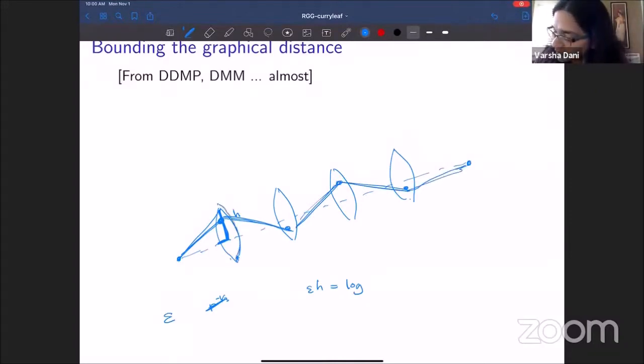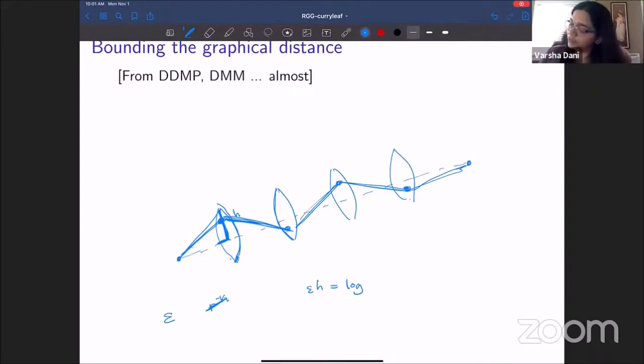So these things are arcs of radius r/2, so that each of these distances are r. So once we've found a point in each of these lenses, it automatically gives you a path from here to here, right?